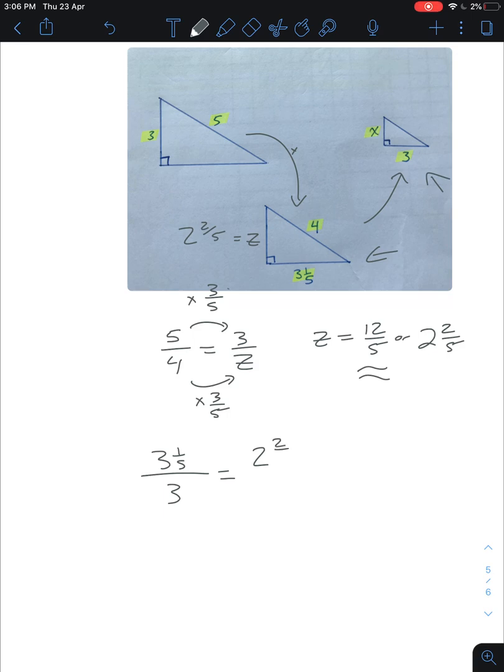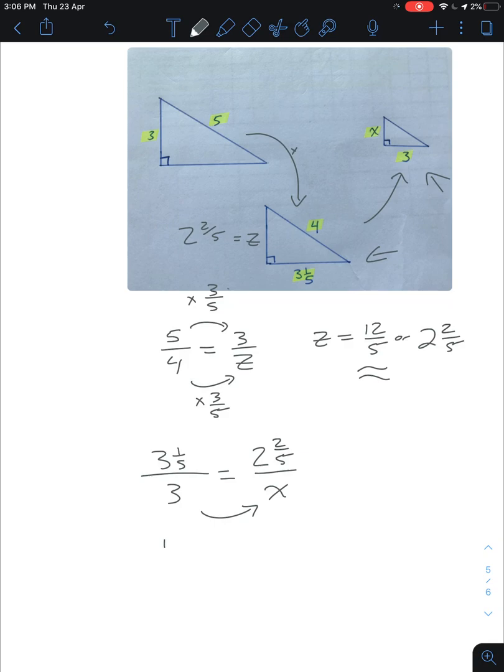Oh, well, I'm going to have to turn that to an improper fraction in just a second, compared to x. So how do I go from here to here? Well, again, let me change this to improper fractions. So this is going to be 16 over 5 over 3 is equal to 12 over 5 over x.